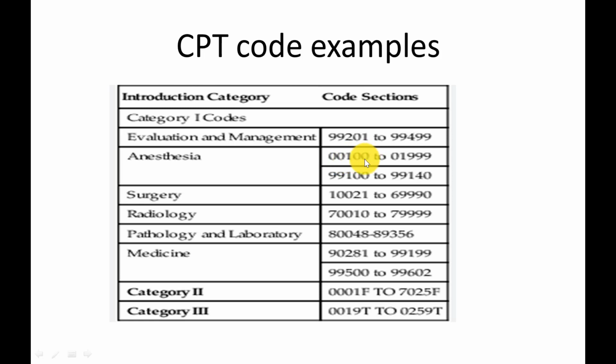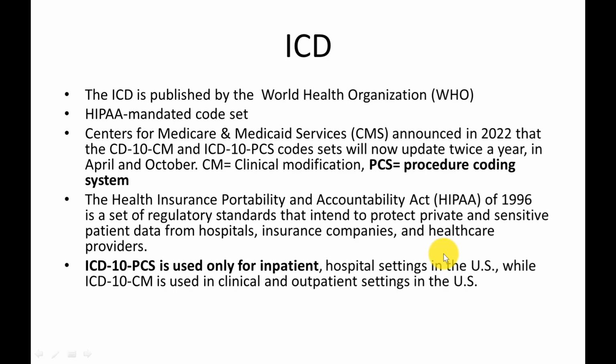In this way, for each code, some specific anesthesia will be there. Then in surgery, these codes are there. While for category 2, this is the coding system, 0001F. This is alphanumeric, alphabets as well as numbers are there. While for category 3, 0019T to 0259T. These are just examples for your understanding purposes.